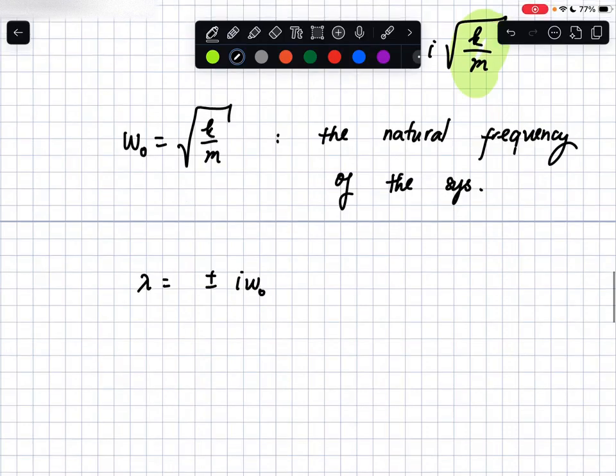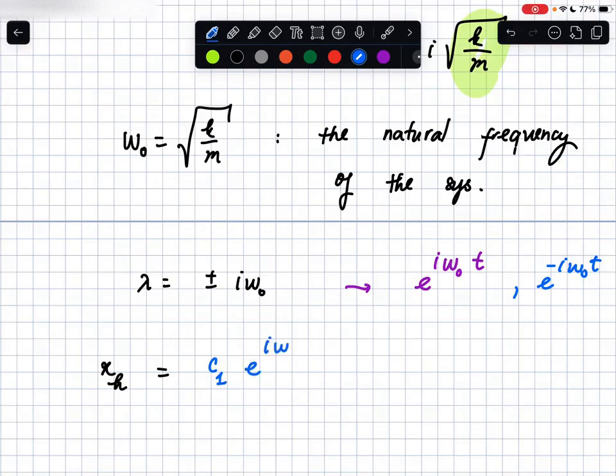So the homogeneous part x_h is a combination of two solutions. We have e to the i omega naught t, and the second one e to the minus i omega naught t. So the linear combination gives us x_h equals C1 e to the i omega naught t plus C2 e to the minus i omega naught t.